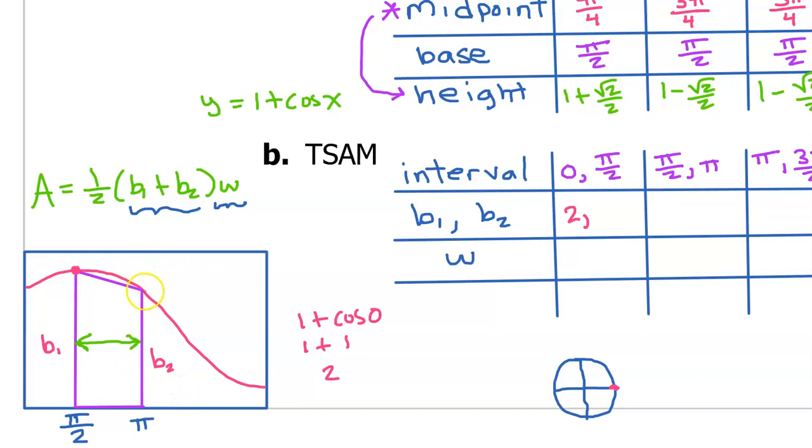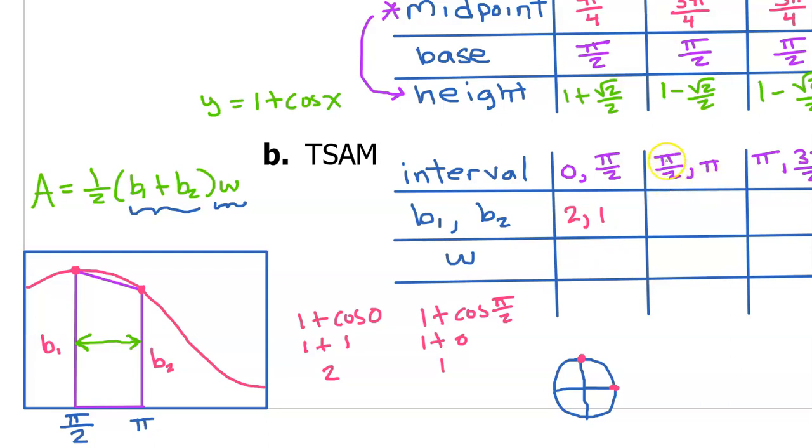B2 is going to be the value of the function on the right side of the interval. So in this case, that's the value of the function at pi over 2. In other words, we're talking about 1 plus cosine of pi over 2. Well, cosine of pi over 2 is 0 because that's the x value. So this will be 1 plus 0, which is 1.